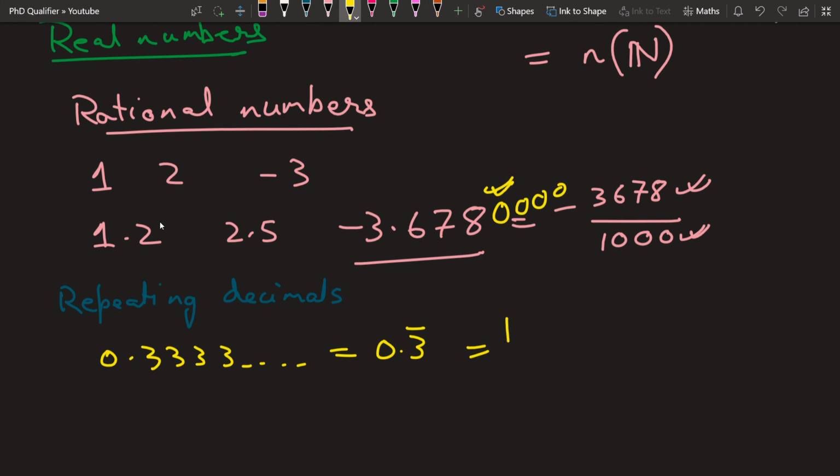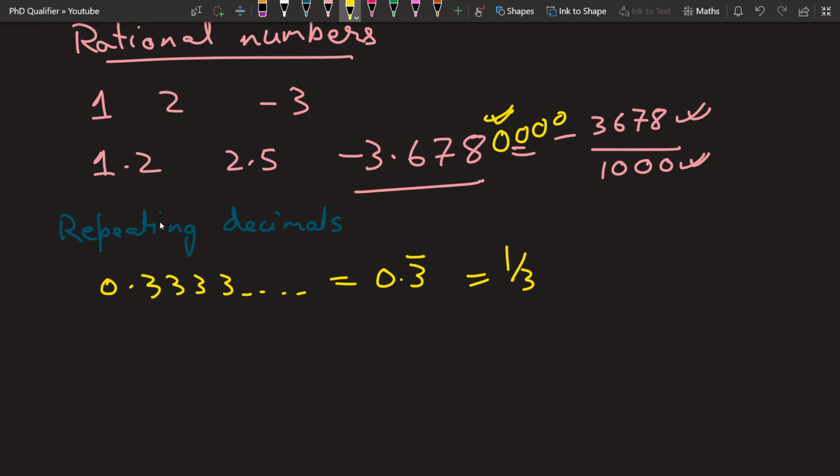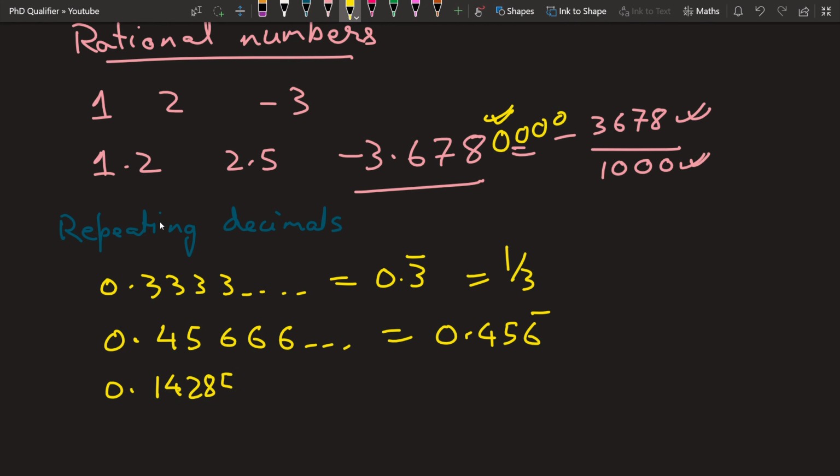You can also represent it like this, 1 by 3. This 1 by 3 is a repeating decimal. Any other, for example, a lot of decimals are repeating. Suppose you have something like 4, 5, and then you have these repeating sixes. So you can represent it like 0.456 with a bar. So this is also rational, and something where multiple places are repeating, for example, where this whole thing keeps on repeating.